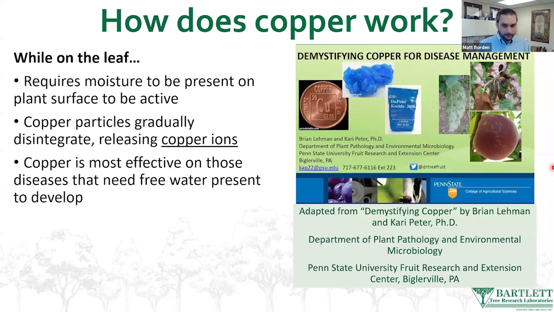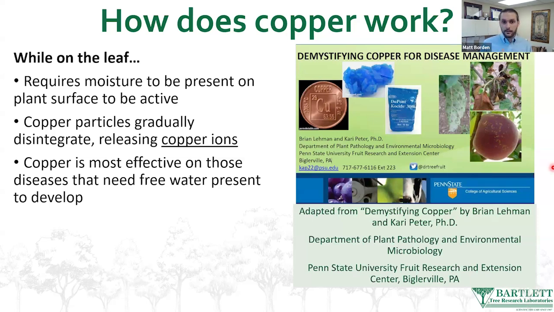So while on the leaf, it requires moisture to be present in order for it to be active. So if it's a dry day and there's a copper residue on the leaf, it's not really doing anything. But if it has a light rain the next morning, well, that's probably when the bacteria are also active. So you want the copper to be active, and that's how it's working here.